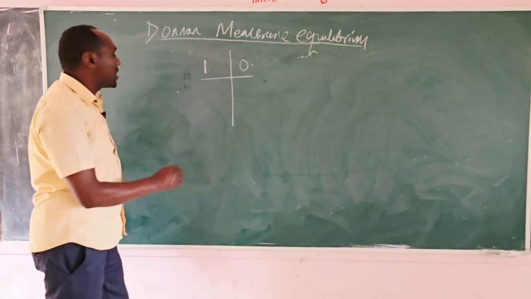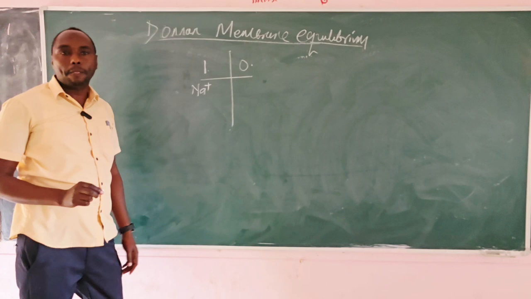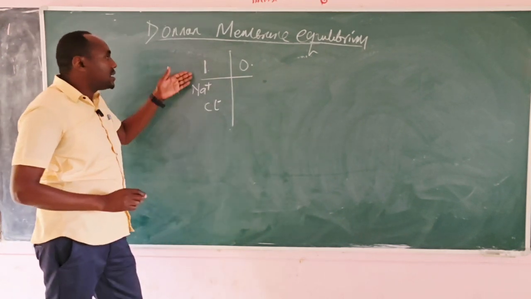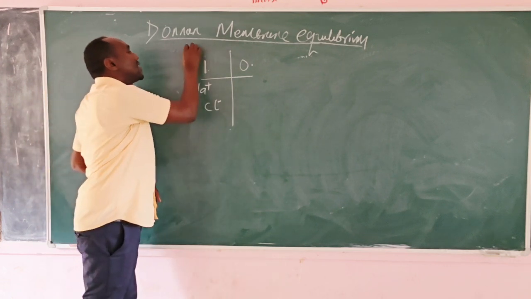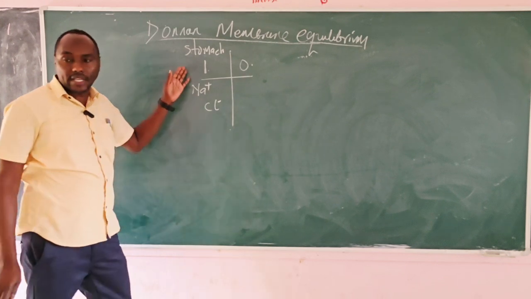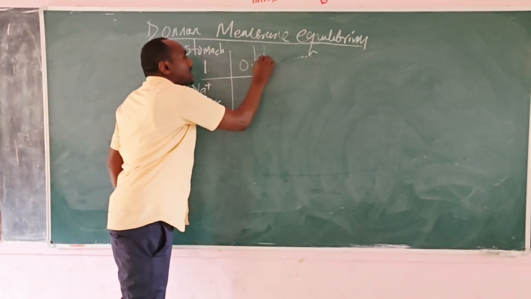This means that, for example, if we have sodium ions here and chloride ions here, this one inside means it is inside the stomach, right? Outside means it is in the blood.